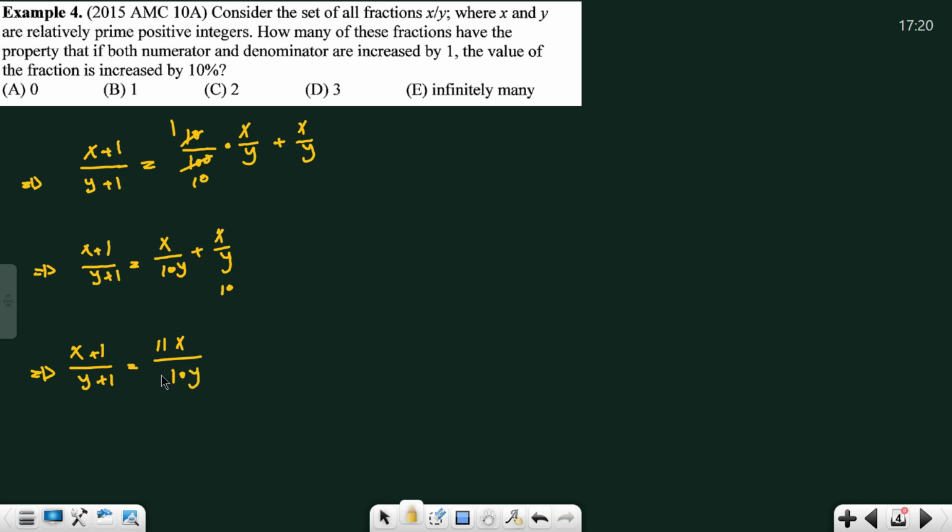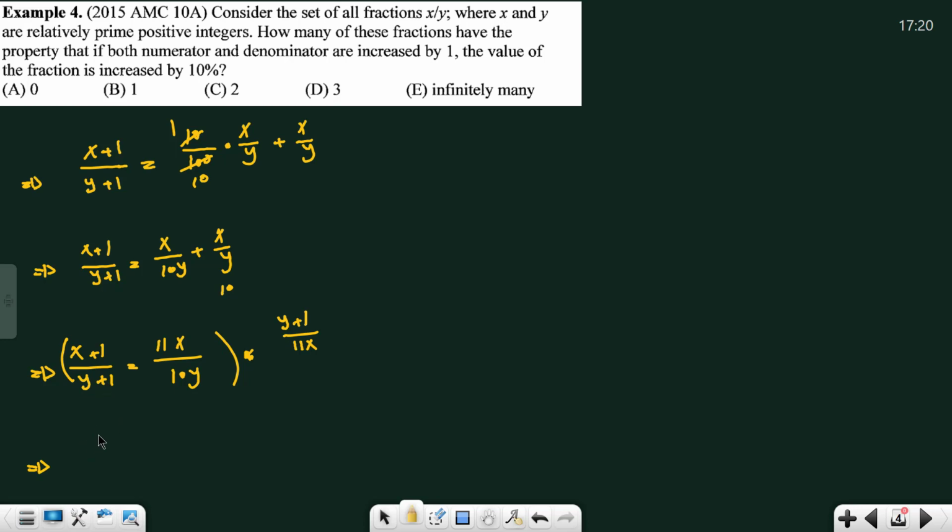Now we are going to try to make one of these variables alone. So let's make y alone. We will multiply the whole equation by y plus 1 and 11x.